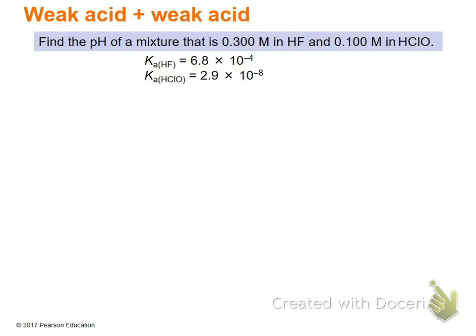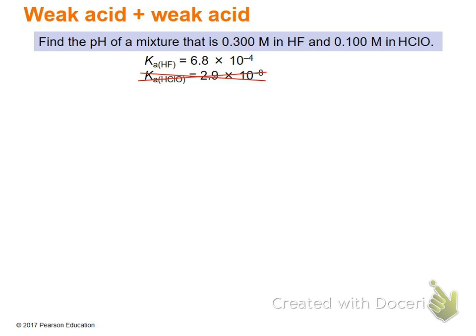We're given both the Ka values here, and according to the previous slide, we're supposed to ignore completely the Ka of the weaker acid and use the Ka of the stronger acid, in this case the hydrofluoric acid. So we're going to ignore the second Ka here because it's weaker, and then we would proceed normally using the information we have for hydrofluoric acid.